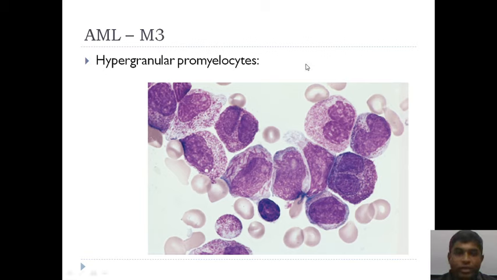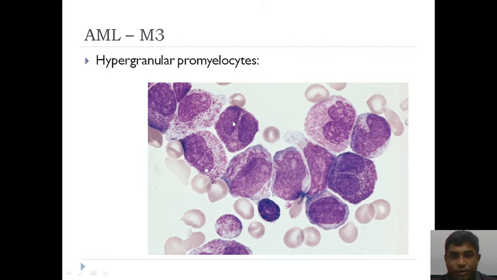This looks different from the blast in the sense that it has a lobed nucleus and granules. In acute promyelocytic leukemia, there is an increase in these promyelocytes. As you can see, there is a large number of cells with a bilobed or angel-wing-like nucleus.